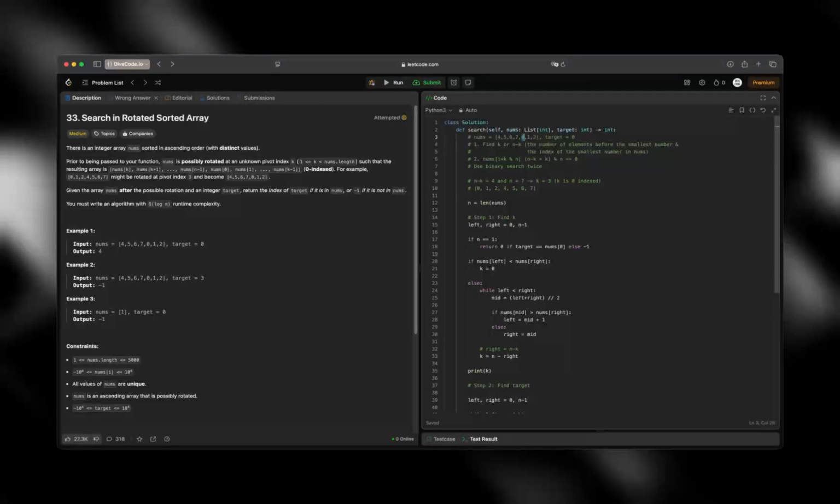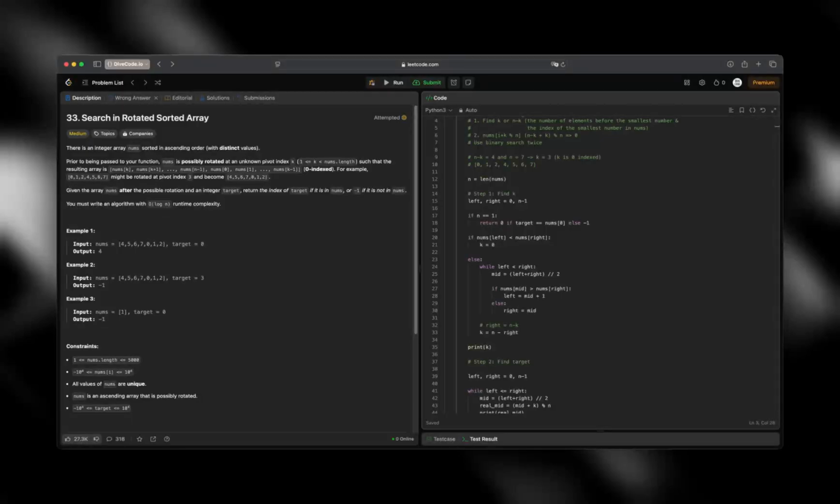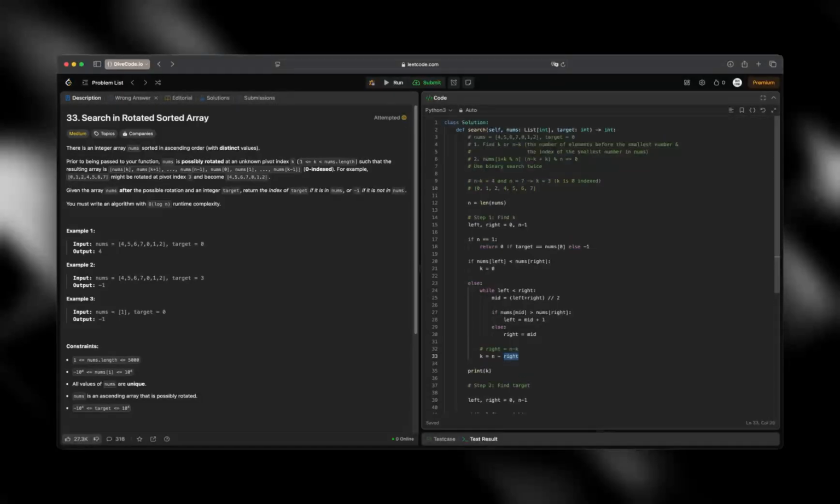And I think there's a problem, maybe. Yeah, I think the index of k, yeah, I can do this. So I could simply use left here.